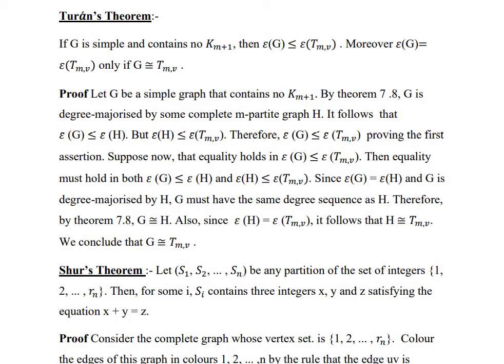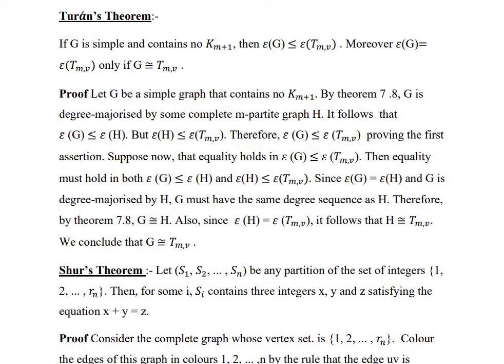Therefore, the edge set of G is less than or equal to the edge set of T(m, V), proving the first assertion. Suppose now that equality holds in ε(G) ≤ ε(T(m, V)). Then equality must hold in both the edge set of G ≤ the edge set of H and the edge set of H ≤ the edge set of T(m, V).